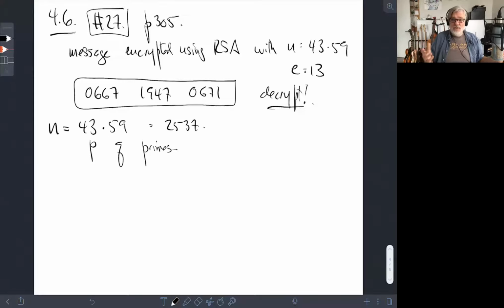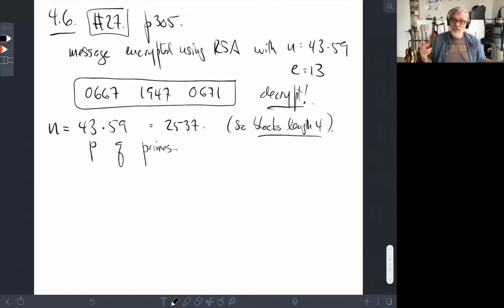It means that our blocks have length 4, if you remember, and letters have two digits. So the message here has 6 letters encoded, 2 letters per block.